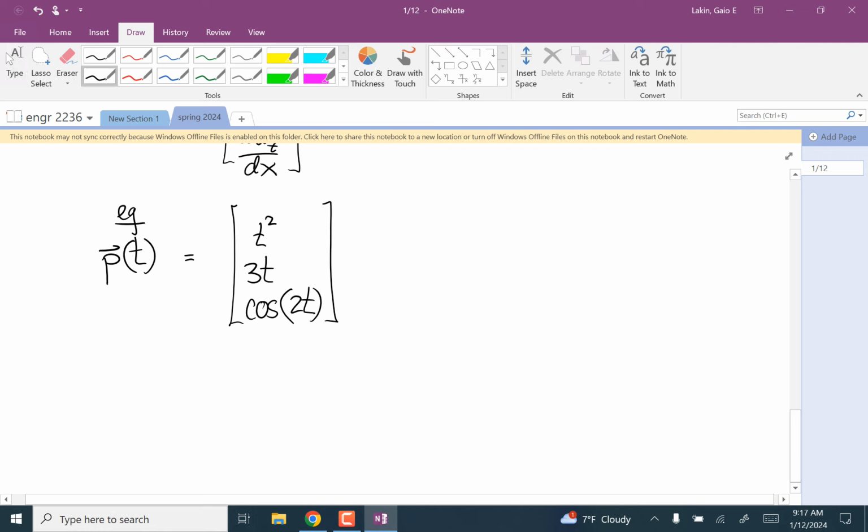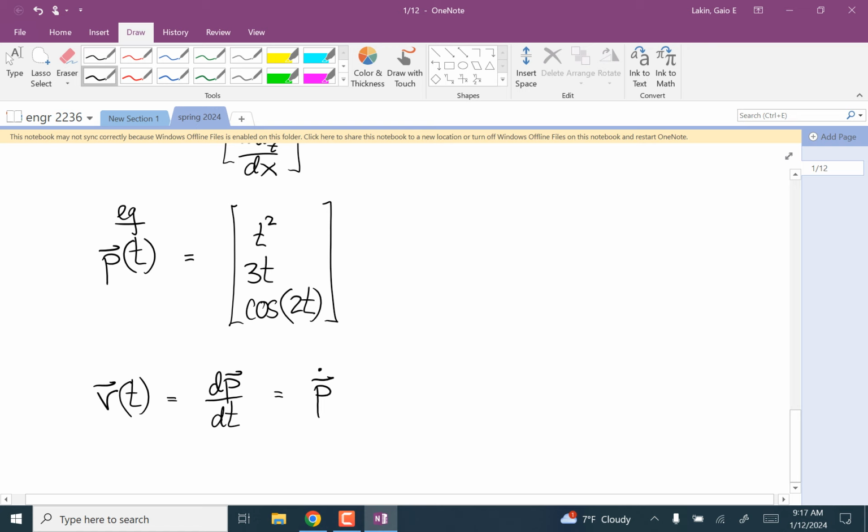Then in that case, the velocity vector, remember, is the derivative of the position vector with respect to time. And we're going to use this notation a lot. Anytime you see a dot, that means a derivative with respect to time. It's just a shorthand for that. So you can think of that as the same thing as this.